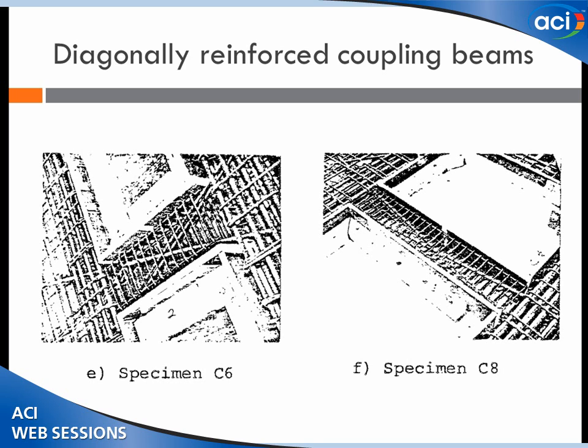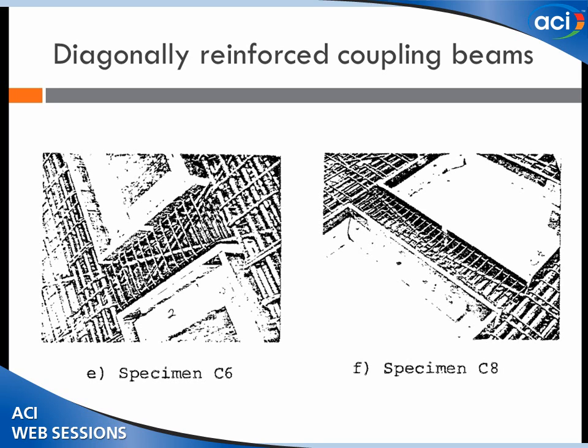What Gene was looking at here was exploring whether the diagonal reinforcement would be effective in beams that had larger aspect ratios. The tests in New Zealand were very deep elements, and these were more slender elements. And so Gene and his team were looking at more slender beams using diagonal reinforcement.